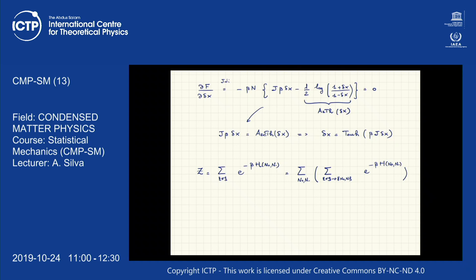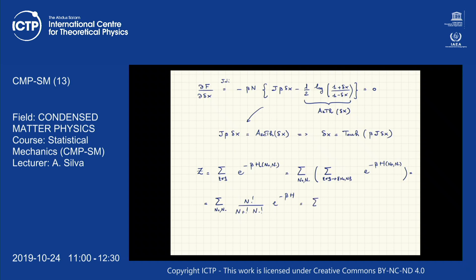But what is the sum of all configurations that give us a certain n plus and n minus? This is n choose n plus, right? So this is going to be equal to the sum over n plus, n minus, subject to the constraint of summing to n, of n factorial divided by n plus factorial n minus factorial, e to the minus beta H. But this is equal to what?